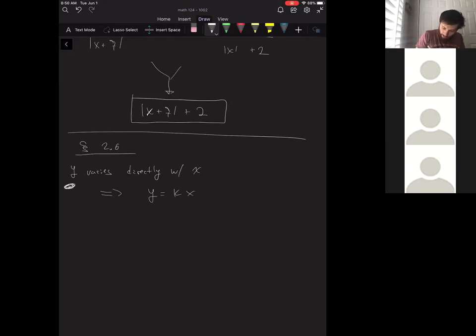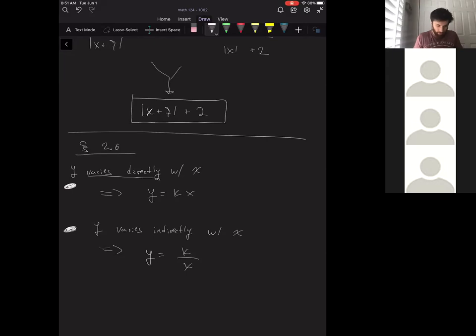We have y varying directly with x, and then we also have y varying indirectly with x. And what this tells us is this: y is going to be some number k, we don't know what it is quite yet, divided by x. So those 2 things are given in the book, on page 147 and 149. Just the ideas of what that means.